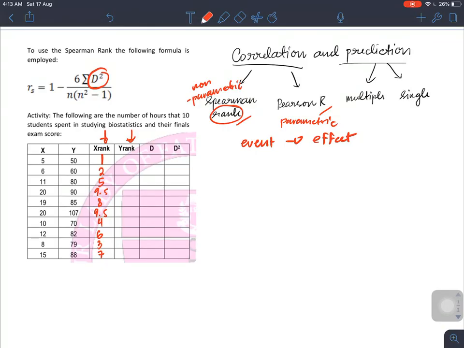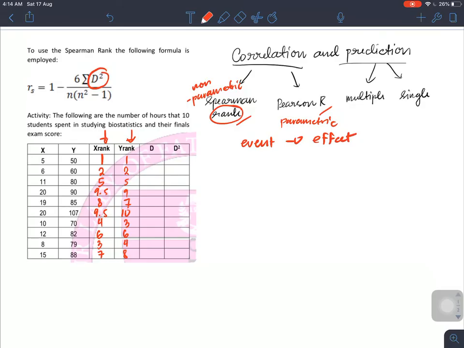So 5, 50, and 60, that would be 1 and 2 respectively. And then ang kasunod na po niyan is 70. May 79. And then you have your 80. And then you have your 82. Have your 85. 88. 90. And then 107.